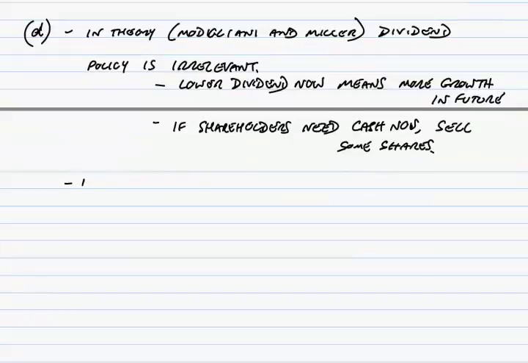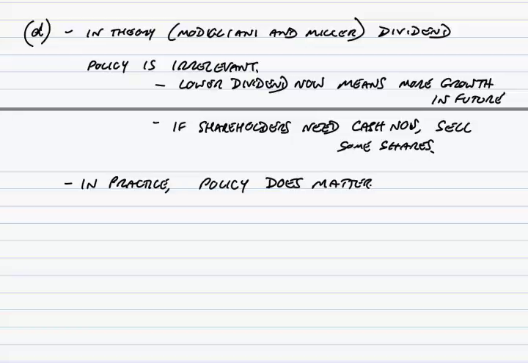However, in practice, dividend policy does matter. And several things you could mention. One is what we call the signalling effect. Again, you don't need to use the words, but it's nice if you do, but it's no good just writing the words.